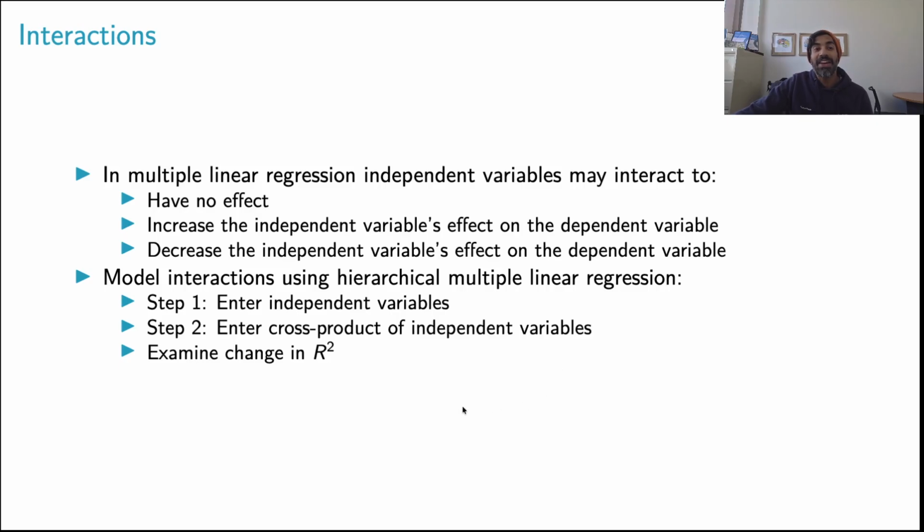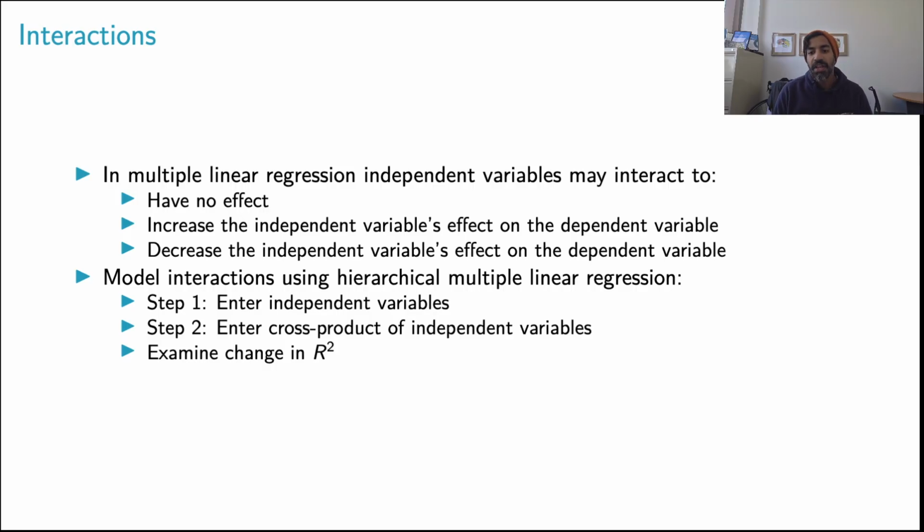And then we talked about interaction effects. In multiple linear regression, independent variables may interact to have no effect, increase the independent variable's effect on the dependent variable, or decrease it. We talked about interactions in plain English as how the relationship between an independent variable and dependent variable depends on something else.